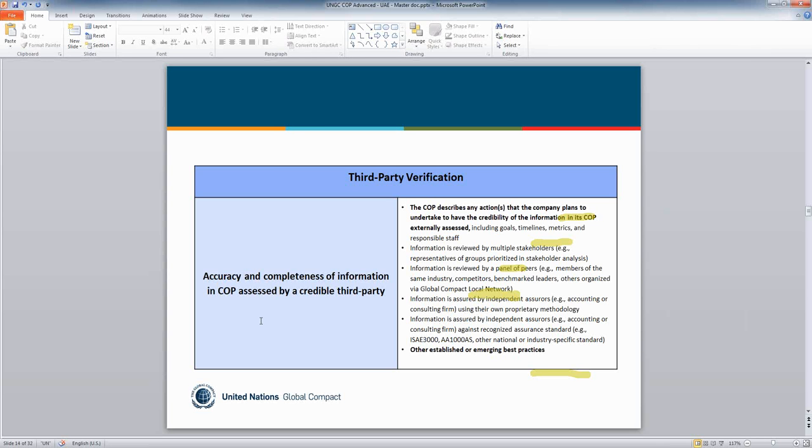This criterion, when we were developing the whole framework, was somewhat contested because some companies felt that it is indeed difficult for any company to get third-party verification.